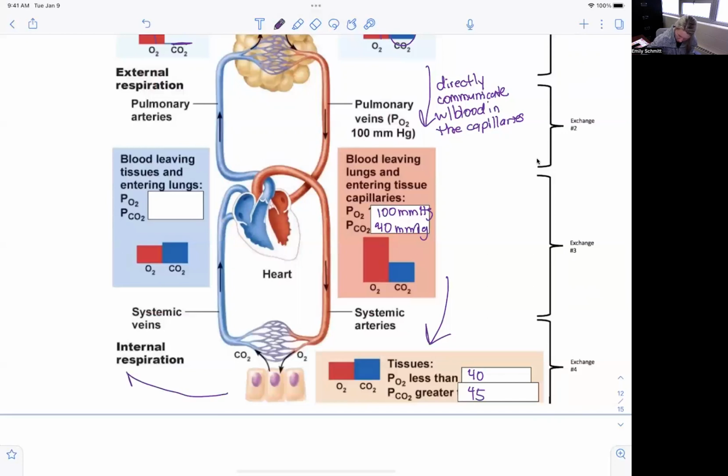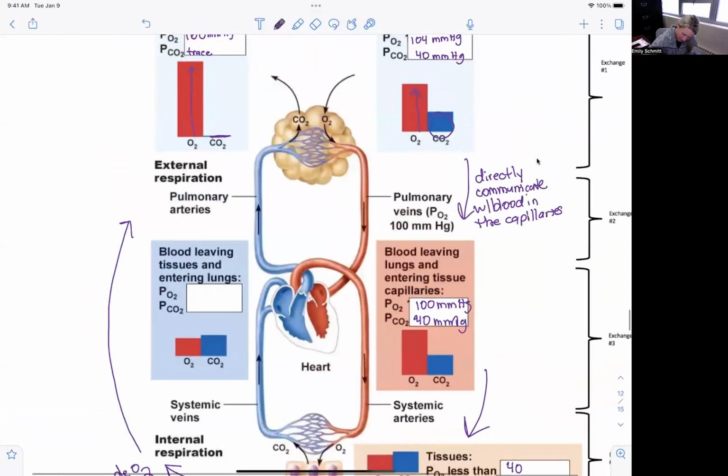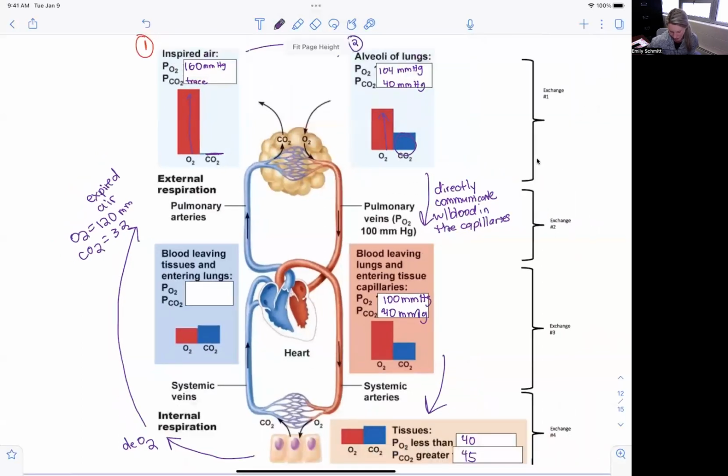So now we have that deoxygenated venous return, where we will have our expired air of 120 millimeters for our oxygen and about 32 millimeters of mercury for our carbon dioxide.